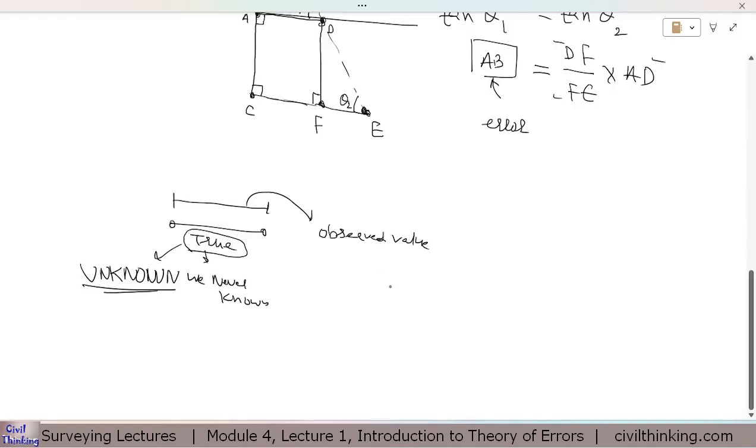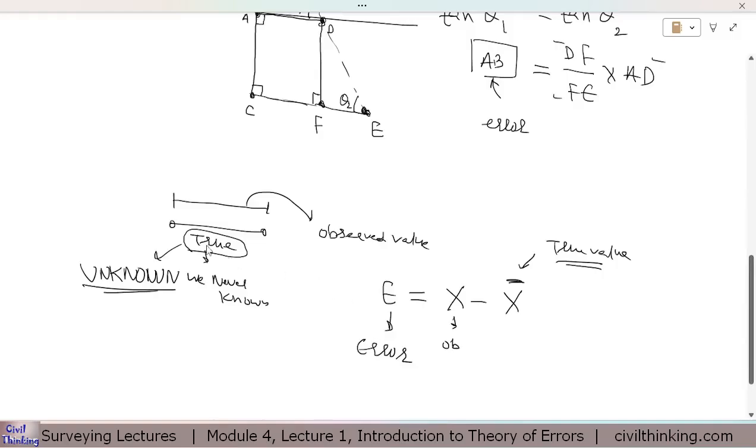So we measure error: E is equal to x, the observed value, minus x bar, the true value, and we never know this. This E is the error, obviously the difference between what we observe and the true value.